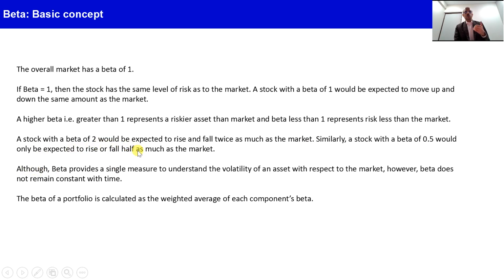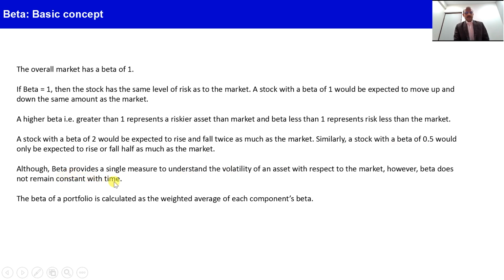It has 2 times the variability compared to the market. Whereas if the market goes up by 5%, this particular stock will go up by 10%. So a higher beta means higher variability vis-a-vis the market, and a lower beta means lower variability vis-a-vis the market.